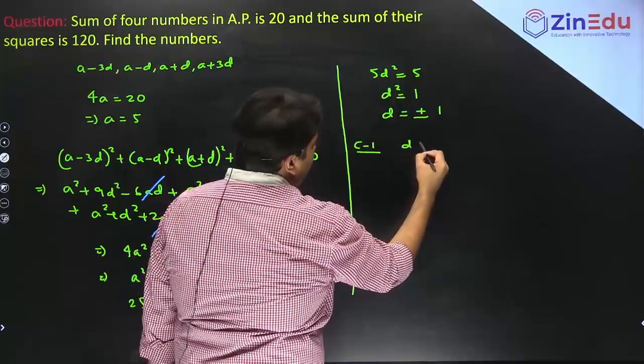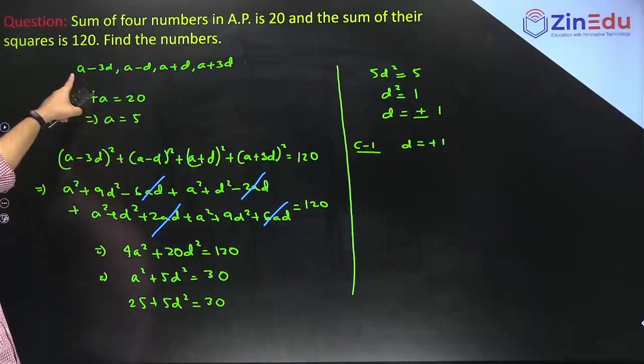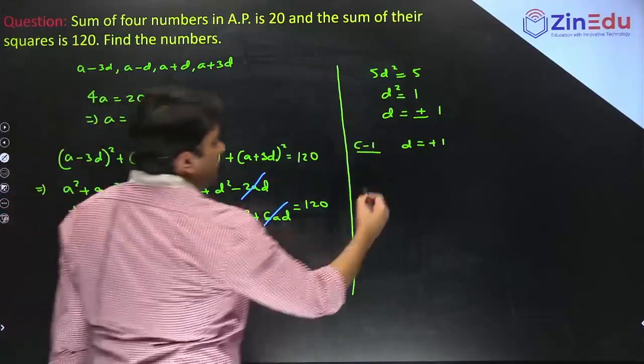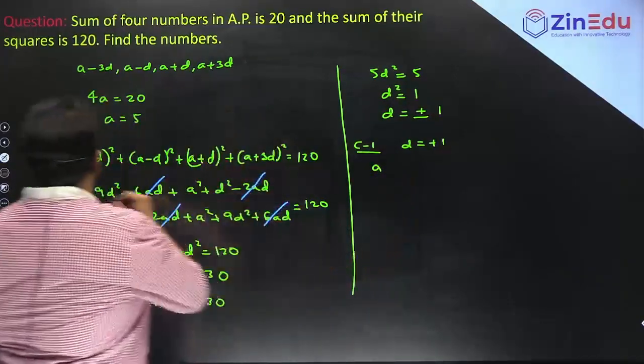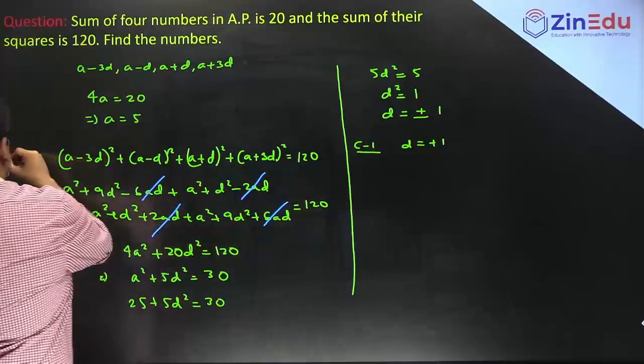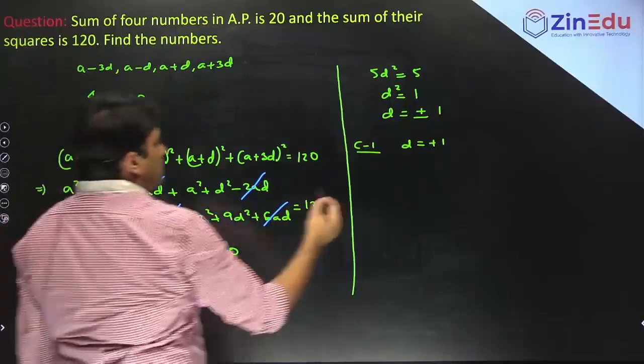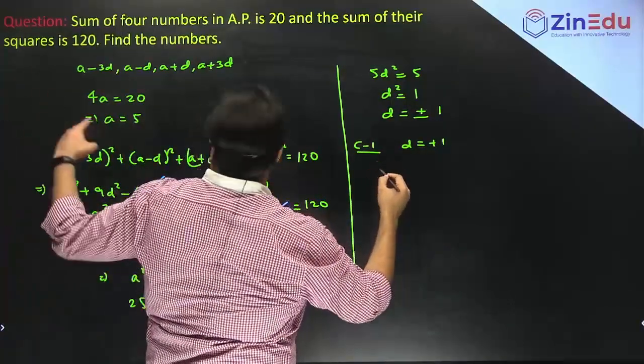So case 1, when d is positive 1, we have the value of a as 5.